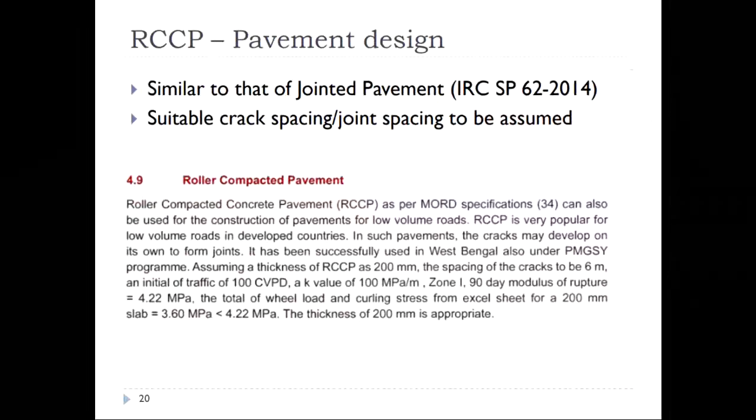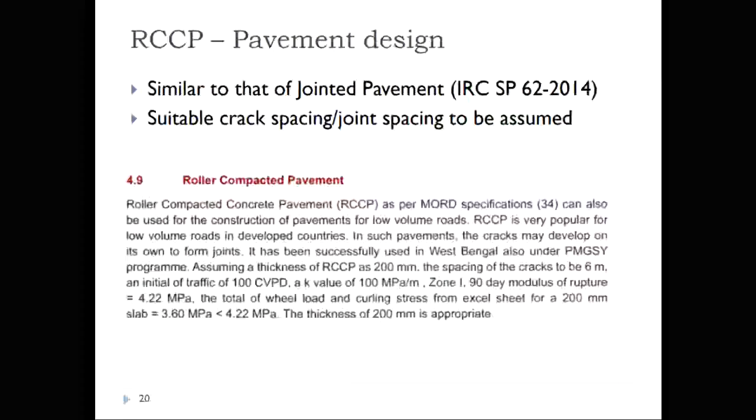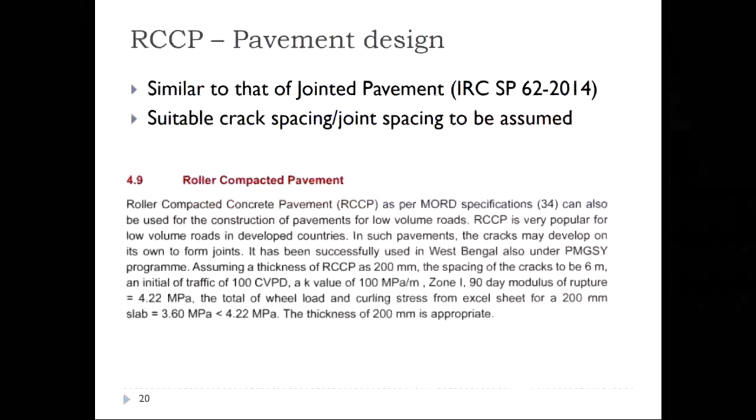IRC SP 62 recommends to consider a roller compacted concrete pavement similar to a conventional concrete pavement, but the slab spacing between the joints is considered of the order of say 6 to 8 meters.